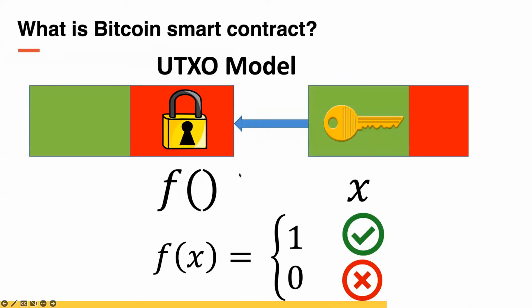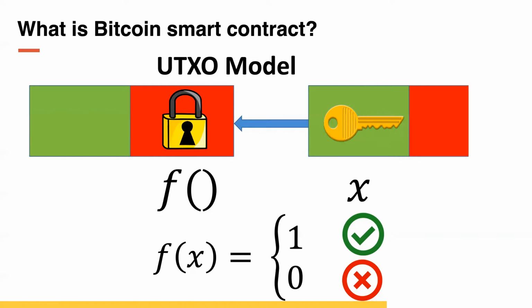A Bitcoin smart contract is a so-called pure function, meaning it inherently doesn't have state. It doesn't rely on external state. Because it's pure, it's stateless, almost like a math function. For example, if you square 9, you get 81. It doesn't matter when you do it, how you do it, or where you do it.